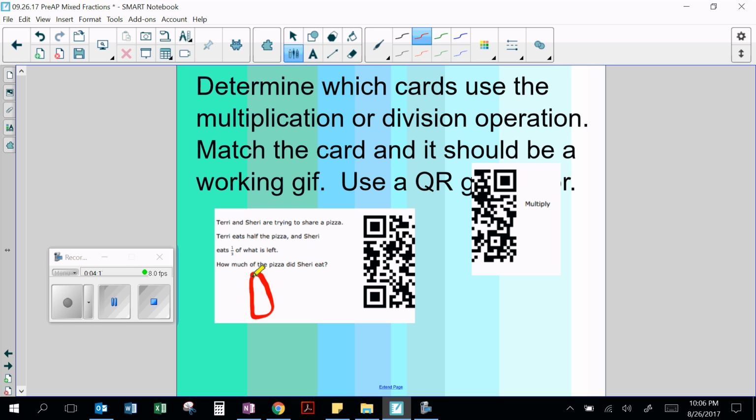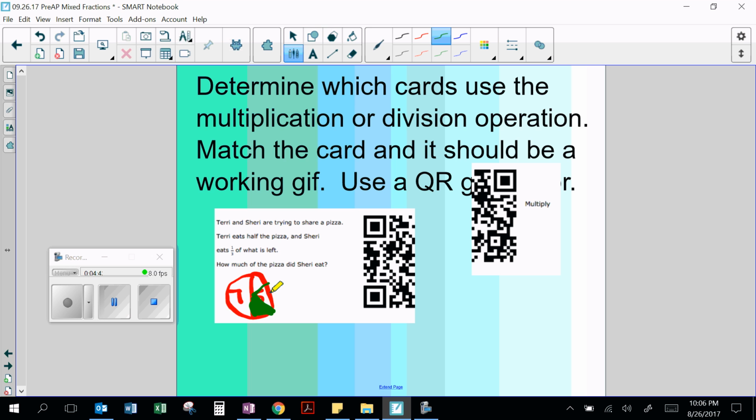Here's half of the pizza. So Terry eats half of the pizza. So here's the other half of the pizza. This is Terry. This is Sherry. Terry eats half. Sherry eats 1/3 of what is left. So she's not going to eat the whole pizza. So she's going to split this half in thirds. So she'll eat this part right here.